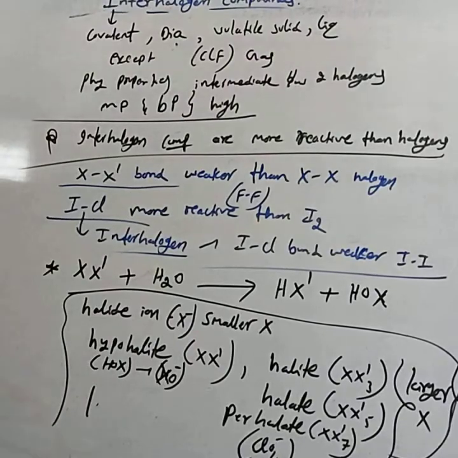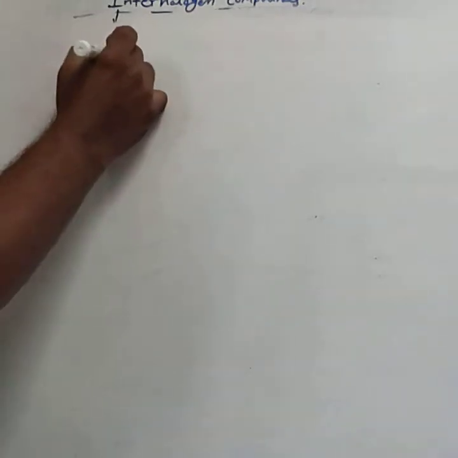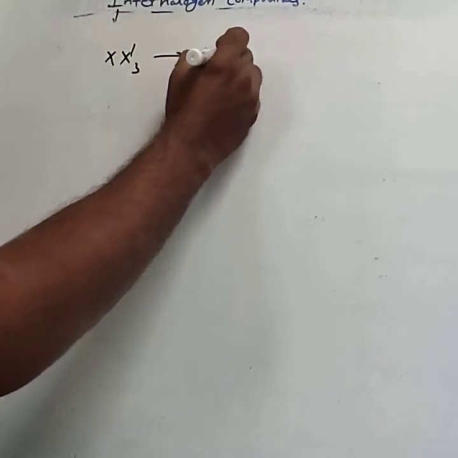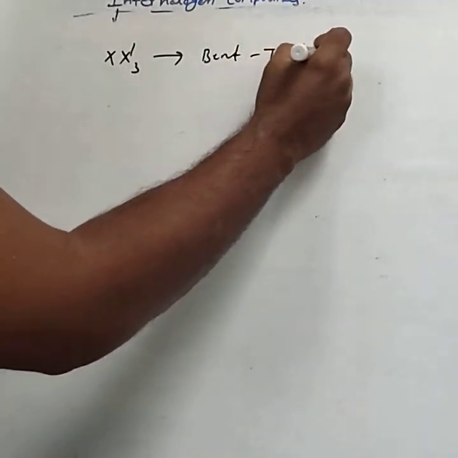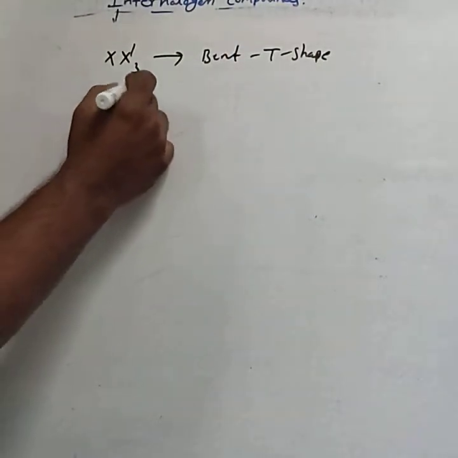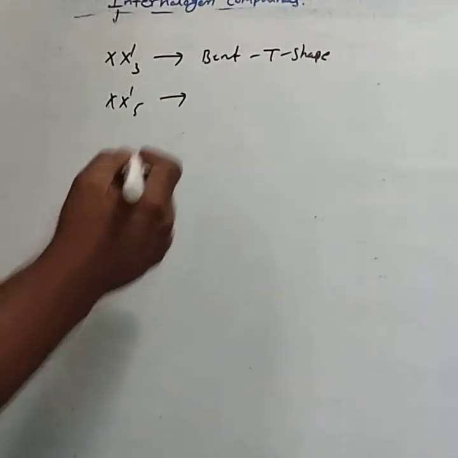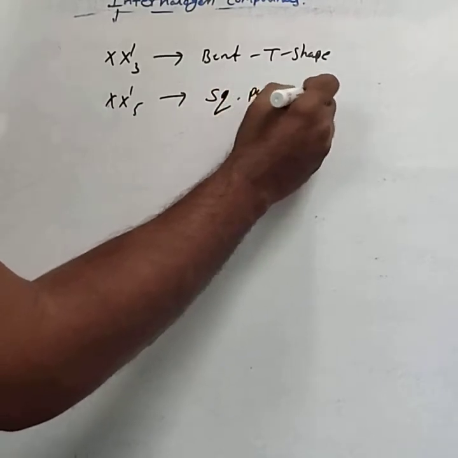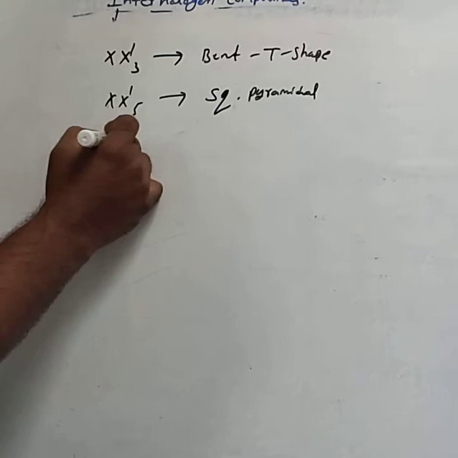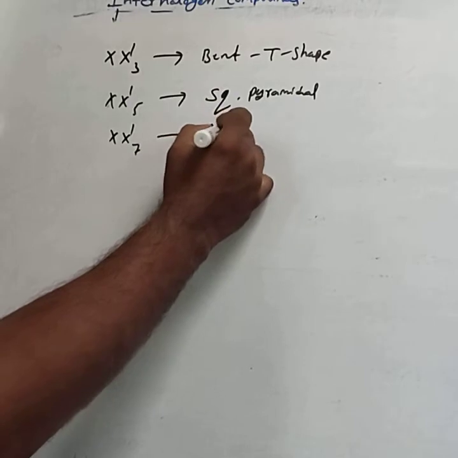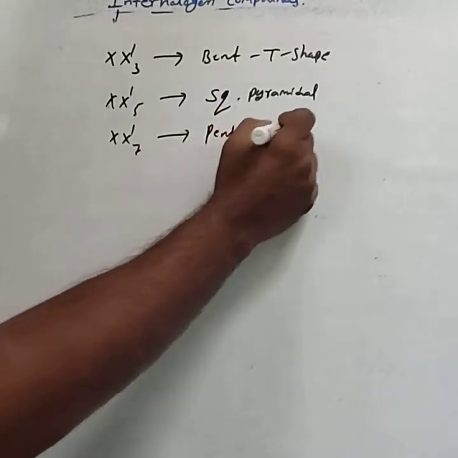Then you can consider the structure of some interhalogen compounds. In that structure, XX'3 has a bent T shape. XX'5 has a square pyramidal shape. And XX'7 is pentagonal bipyramidal.